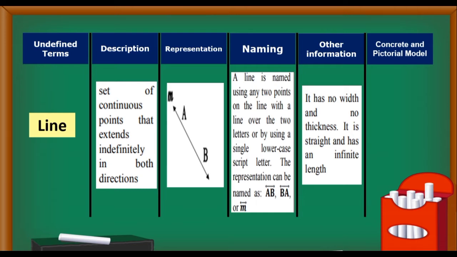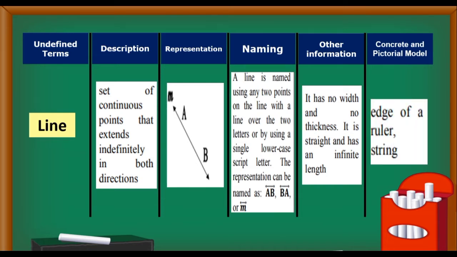So, paano naman po yung concrete and pictorial model? So, one good example is the edge of a ruler. Yung ruler natin, yung gilid ng ruler natin, pwede po yung line. Example ng ating line. Another is a string. Ano naman po yung string?